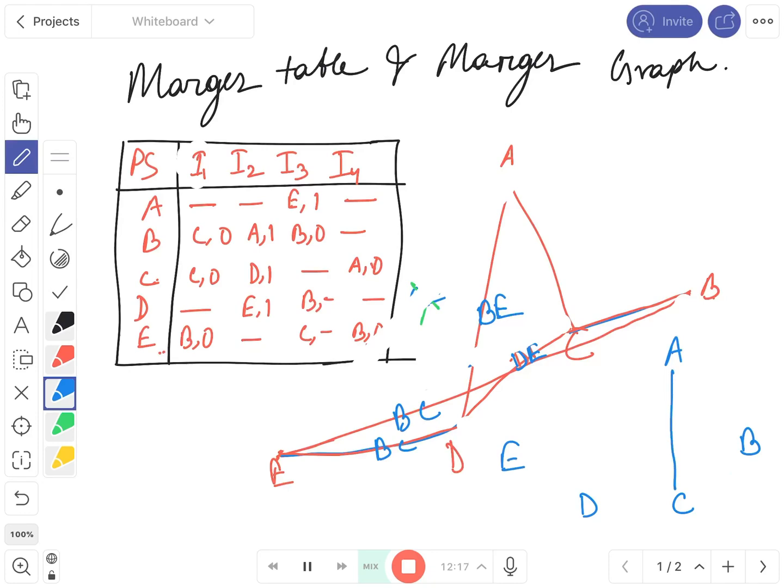A to C, one straight line is there, then B to C there is another straight line, C to D is another straight line, in between C to D there is DE. Okay, then ED there is one straight line, and in between that there is BC, and then AD, in between AD there is BE.